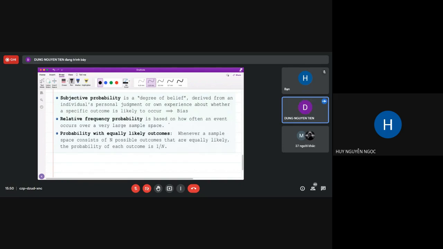And then you want to come up with something unbiased. You can talk about the relative frequency probability, which is based on how often an event occurs over a very large sample space. For example, if you flip a coin 1,000 times and get 500 heads, then the chance to get a head is 500 over 1,000, which is 50%.